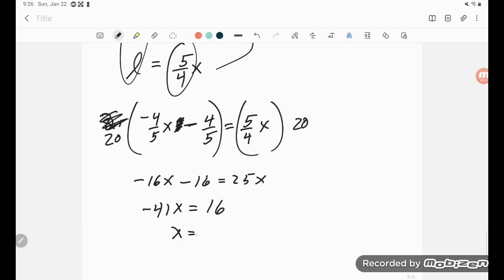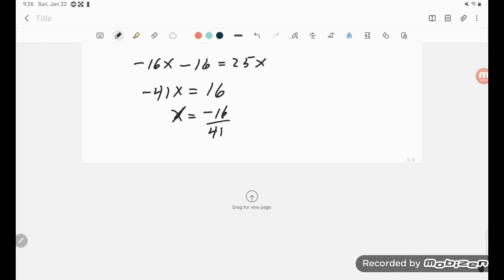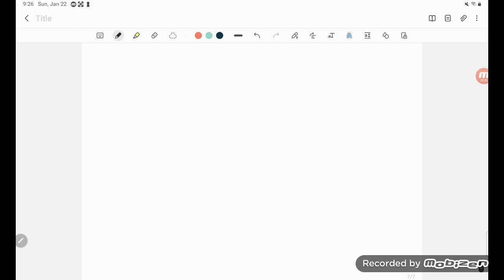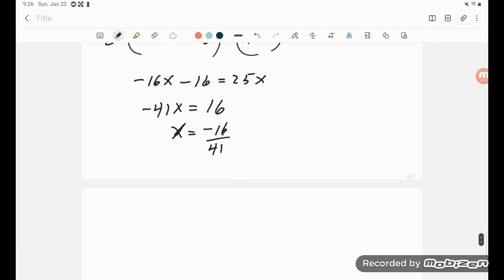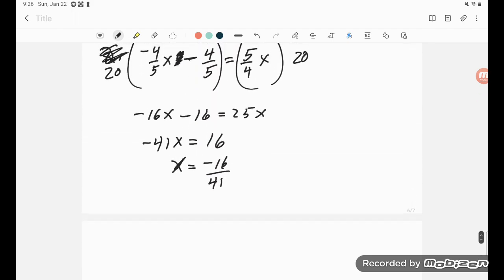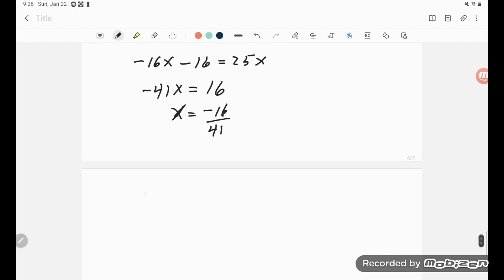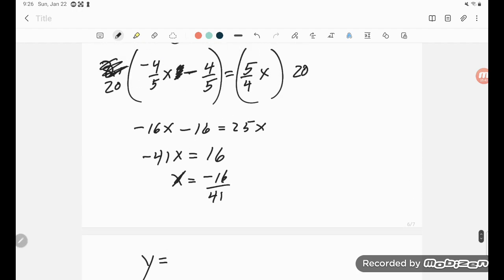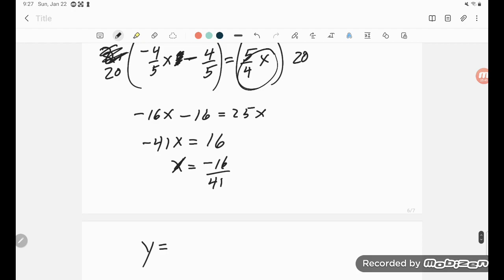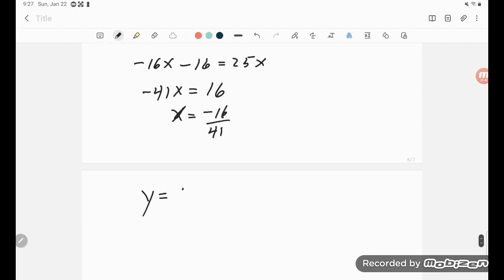So x is equal to negative 16 over 41. Well, that 41 keeps coming up a lot. Okay, so if that's x, then y is equal to, well, I'll use the easy one, 5/4 x.